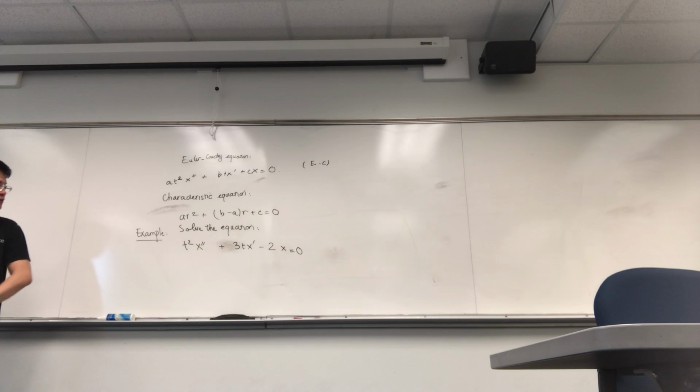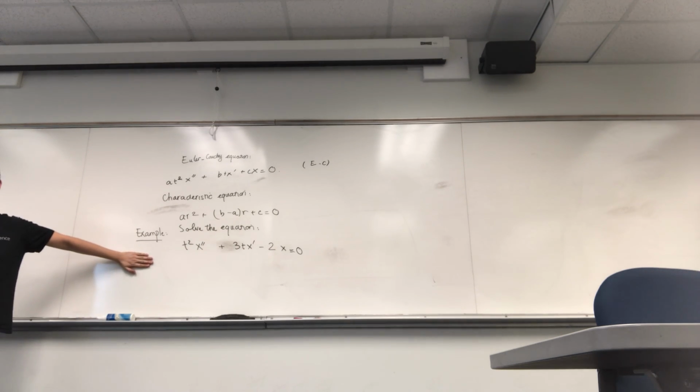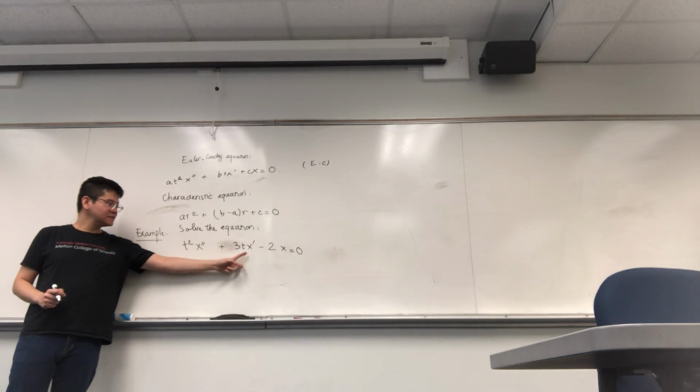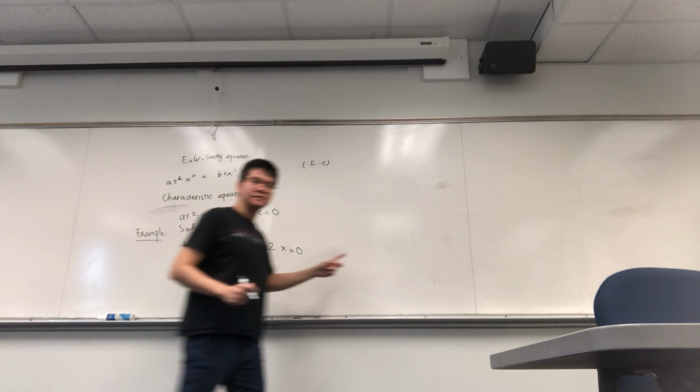All right, so now let us try to solve this equation, right? So you have t squared x second plus 3t x prime minus 2x is 0.